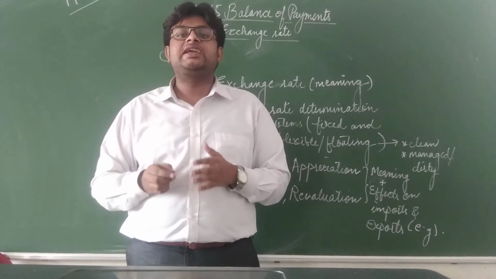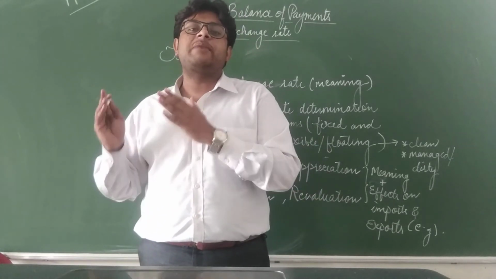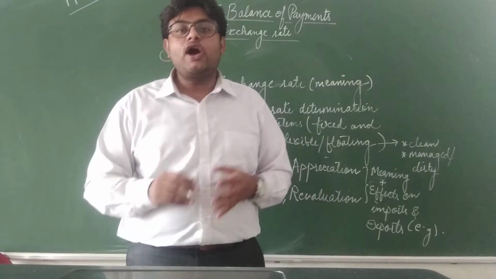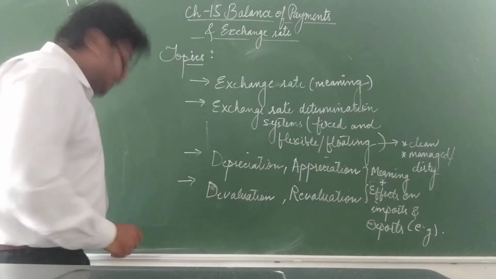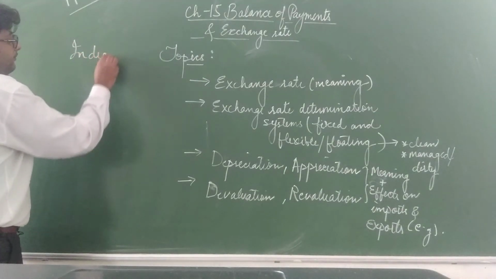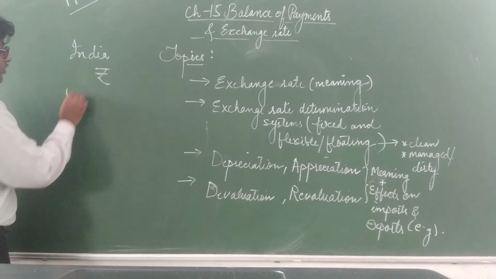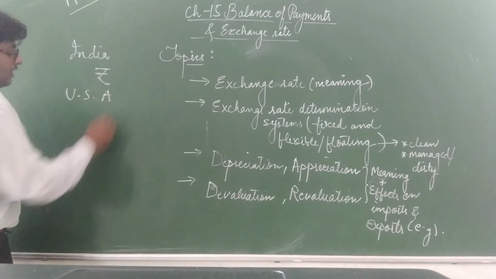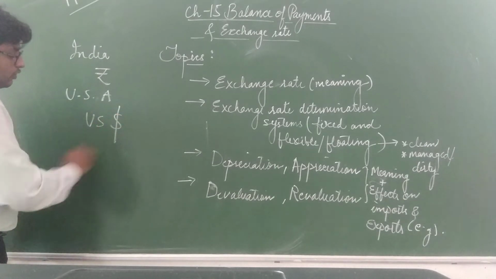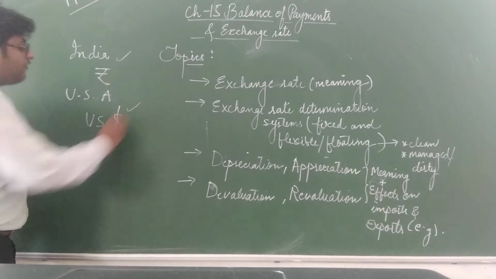For the sake of simplicity, we will take the example of India and the United States of America and discuss this whole topic of exchange rate. We all know that the currency of India is the Indian rupee, and the currency of the United States of America is the US dollar.